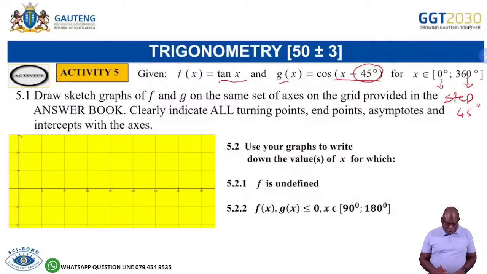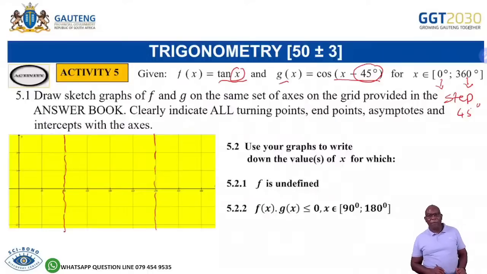For the tan graph, the first thing that you need to do, if it's tan of x, if it's an original graph, you go to the 90, you draw dotted lines here. You go to the 270, you draw dotted lines there. Those are asymptotes. That's where the graph is undefined. The f graph is undefined at 90 and at 270.